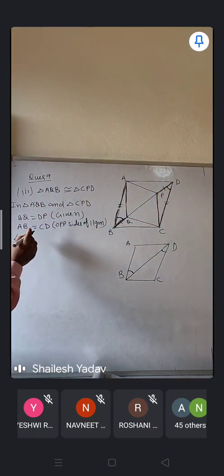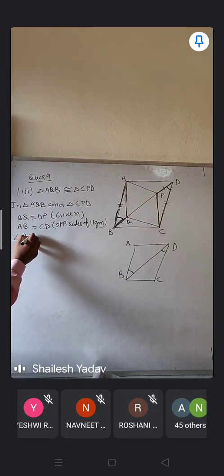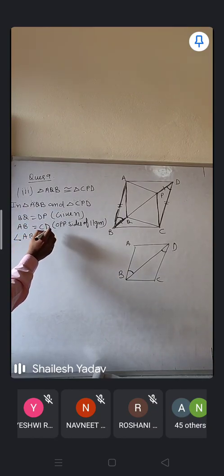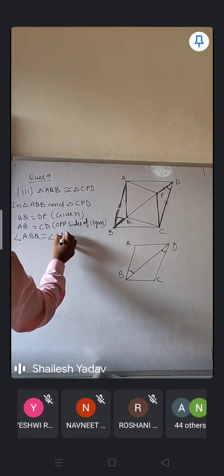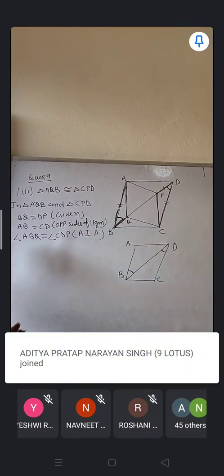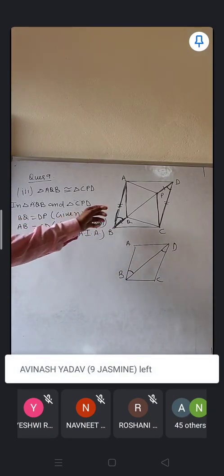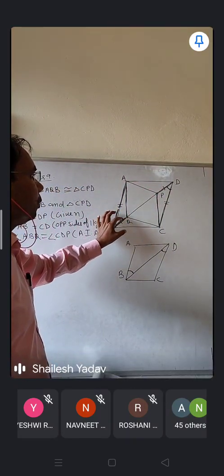Here you will write angle ABQ equals angle CDP, alternate interior angle. So here I got three values equal: these two sides and the angle included between these two sides.